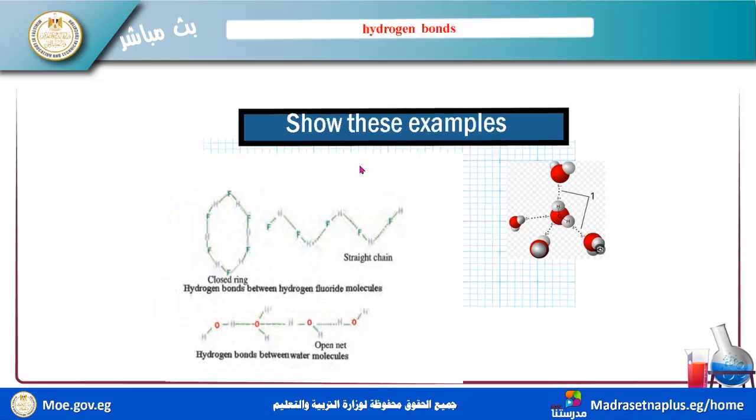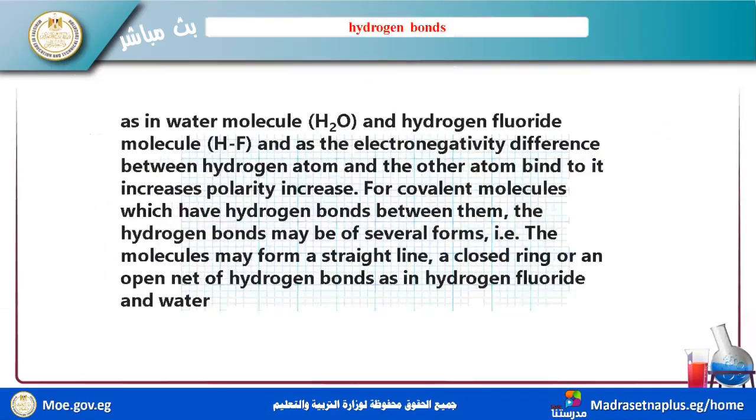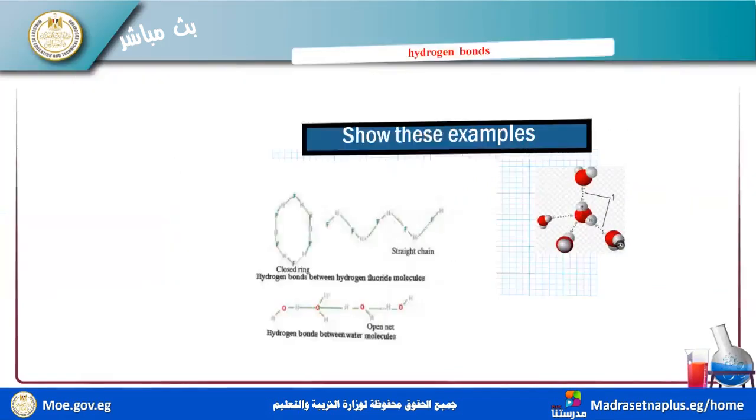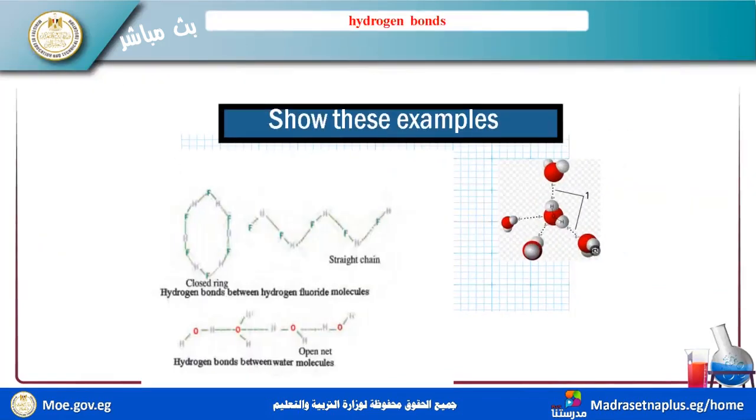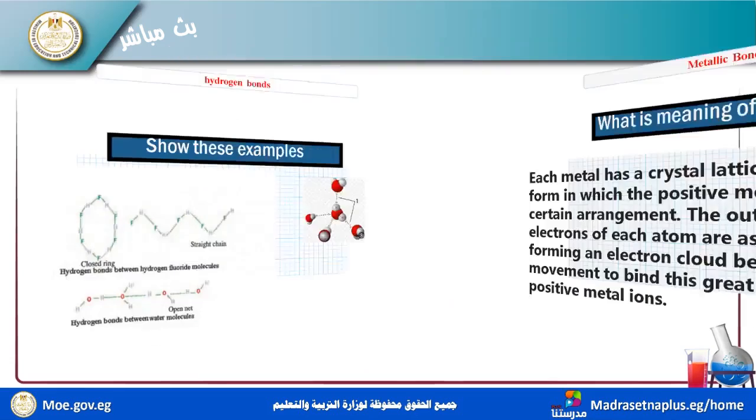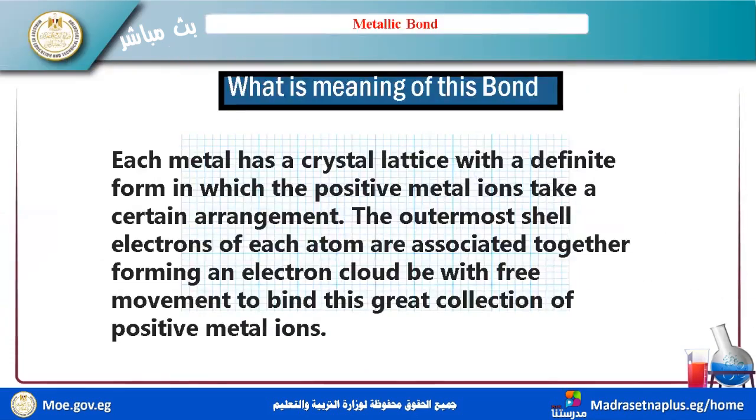These are the shapes I explained before: straight lines, closed rings, or an open net of hydrogen bonds in hydrogen fluoride molecules and water. Now this example illustrates hydrogen bonds and the strength of the hydrogen bond. Now, what is the meaning of this bond? I will illustrate it. I have the metallic bond.